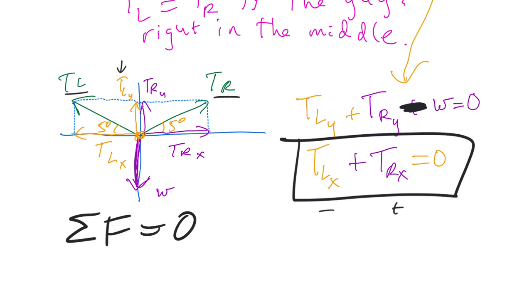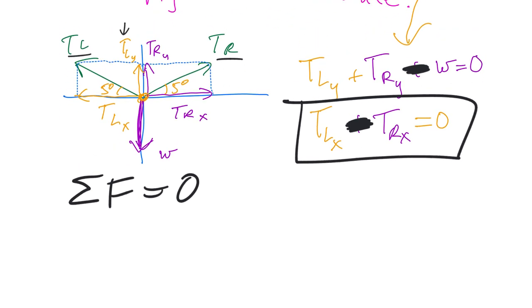Over here, I would just say TRX minus TLX would equal 0, and then I wouldn't have to put a negative on the left one. When we're doing dynamics equations with a free body diagram, you don't have to put in the negatives if you're using your picture as a reference.